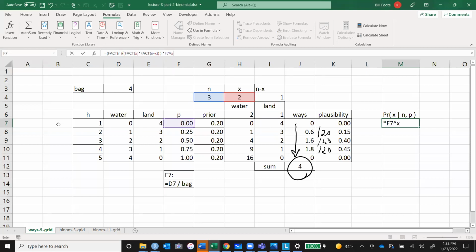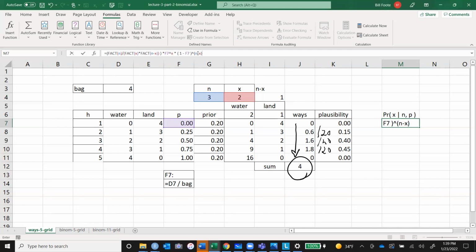The caret is the raising of the power, times open parentheses 1 minus p, and that p again is over here a value in a cell. This too is raised to the power of, remember, we want this to work everywhere. Let me copy it. N minus X. How clever is this? But make sure you put that in parentheses.